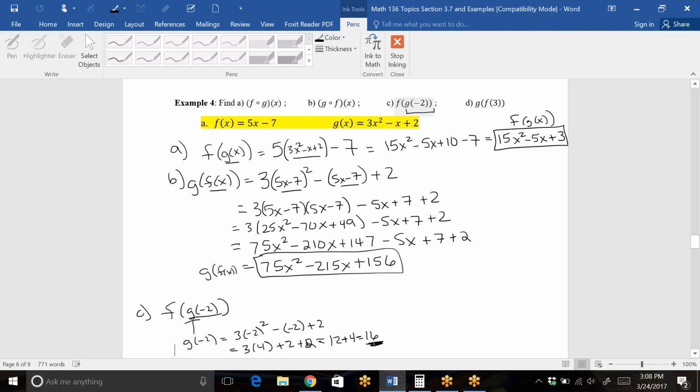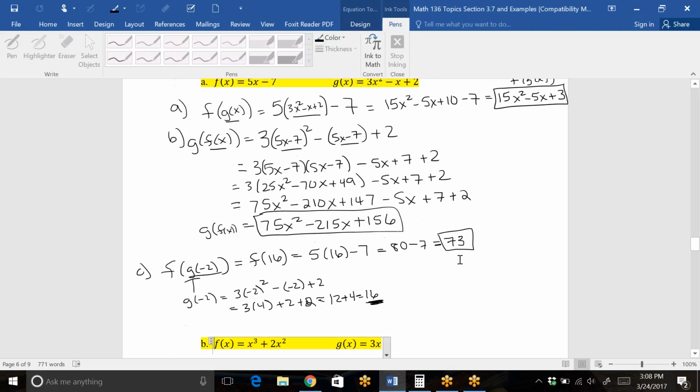This is now the number I'm plugging into f, because I can now replace g of negative 2 with positive 16. So now I take my f function and I plug in 16. That would be 80 minus 7, or 73. I could check myself by plugging negative 2 into this. As long as there hasn't been any domain issues, it should also come out to 73.